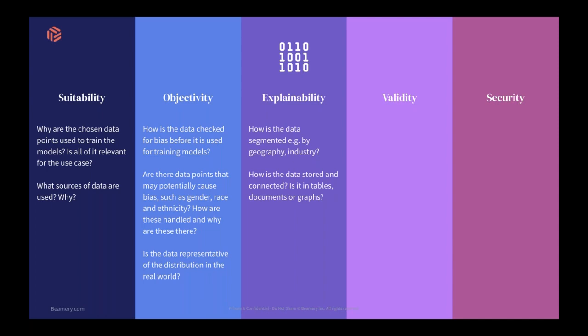When we need to understand why an AI model is behaving in a certain way, we can look at the data points and how they are related to each other in the graph and see which data points are influencing the models. Whereas if they're stored in tables or in documents, and if they're disconnected, then it becomes a bit more difficult to explain how and why we got to the answer. So these kind of questions around where it's stored will help you to understand if something is more explainable at the data level or not.